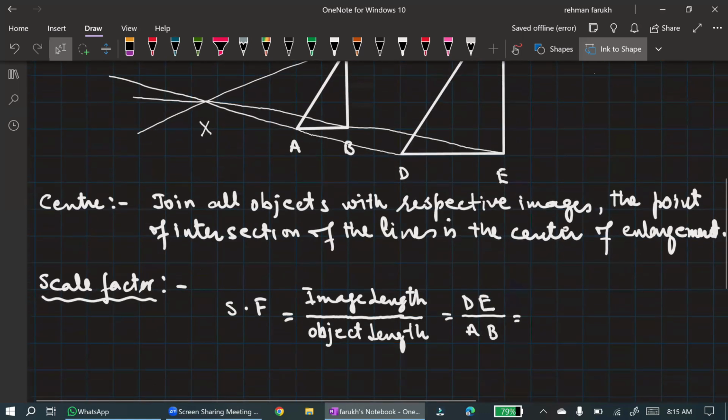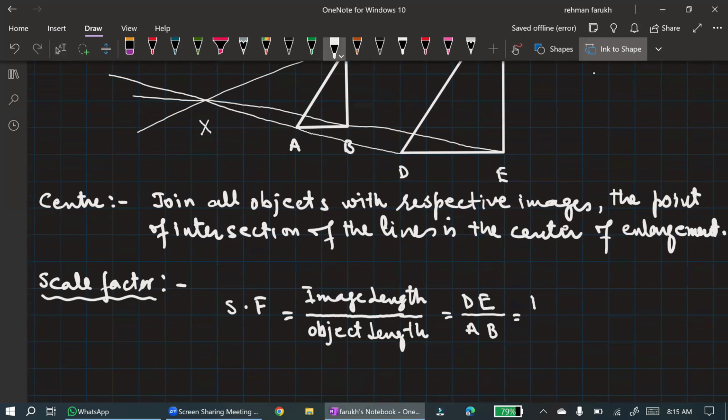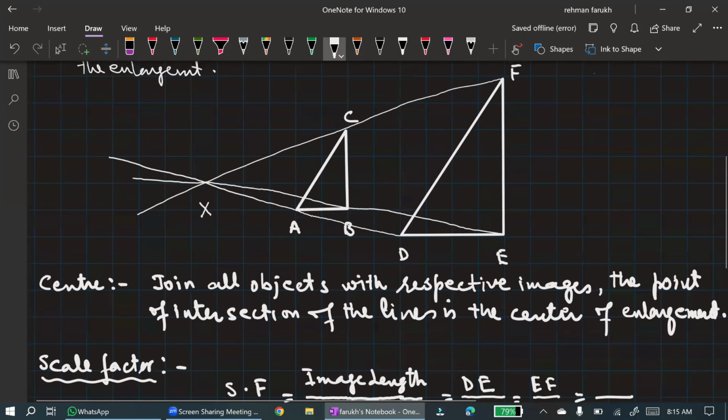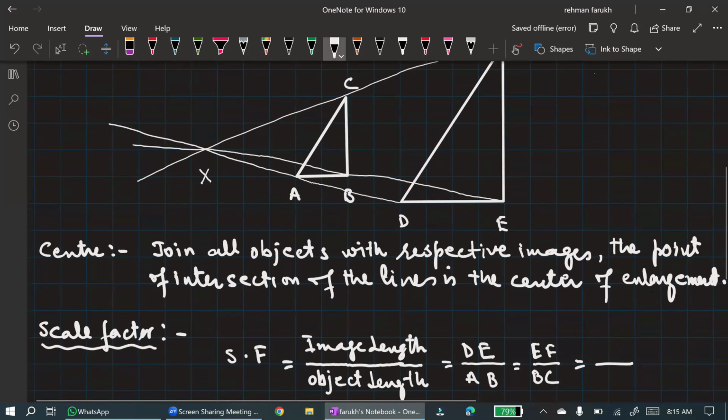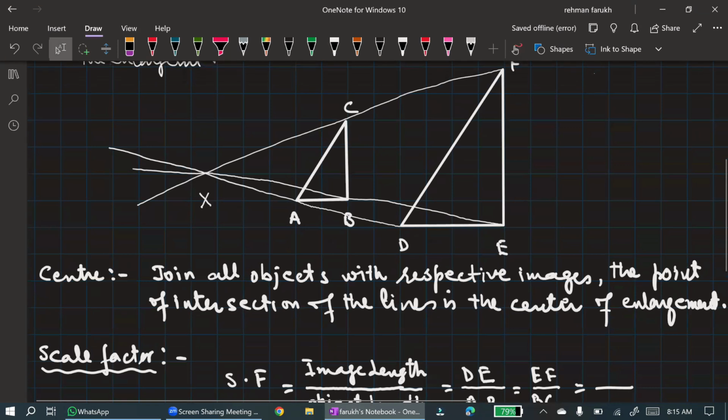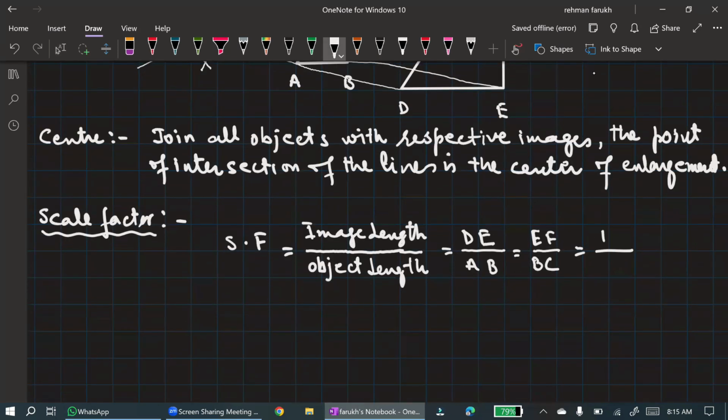BC. So EF over BC. Or if the image length is DF, then the object length is AC. In this way, we can find out the scale factor.